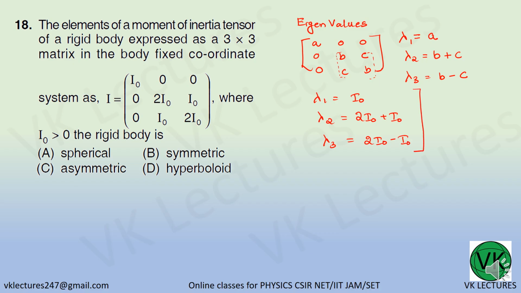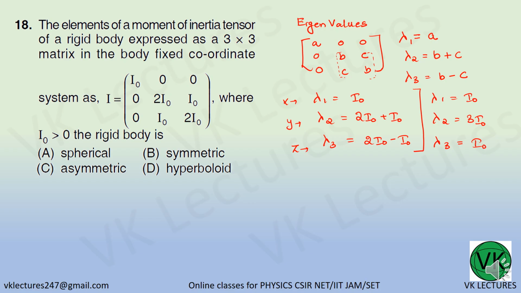This one corresponds to the x-axis, this is the y-axis, and the z-axis. So lambda 1 equal to I naught, lambda 2 equal to 3 I naught, and lambda 3 equal to again I naught.